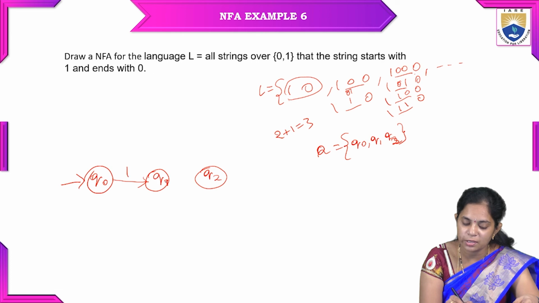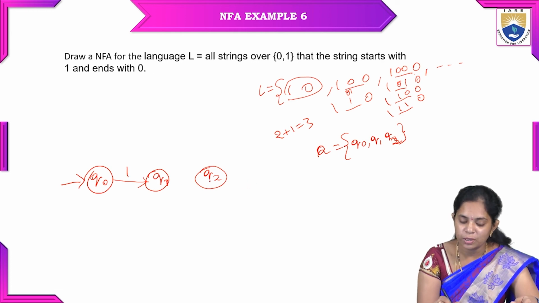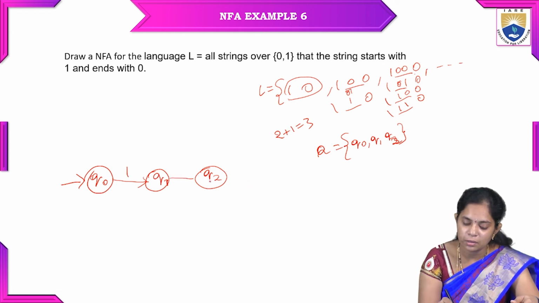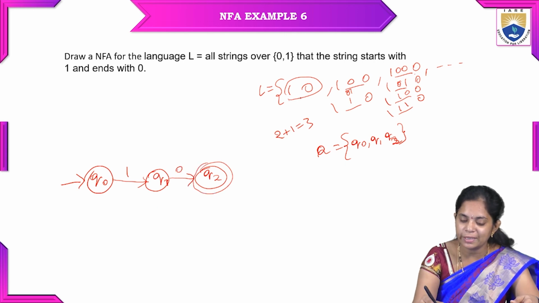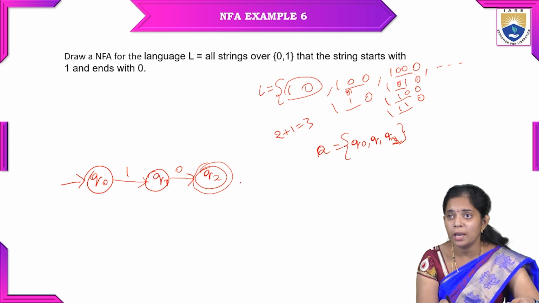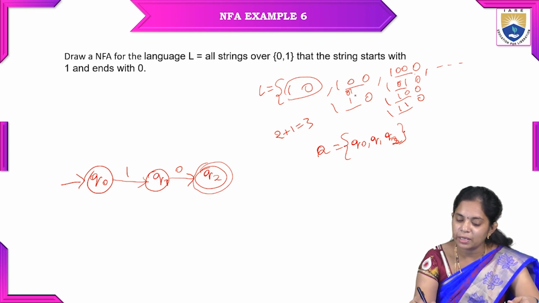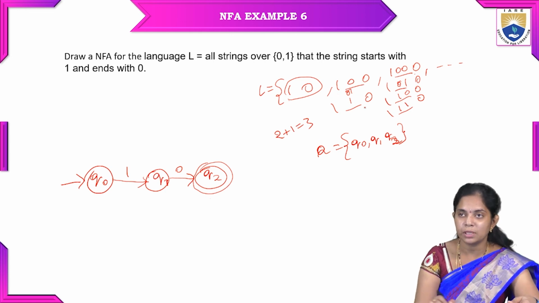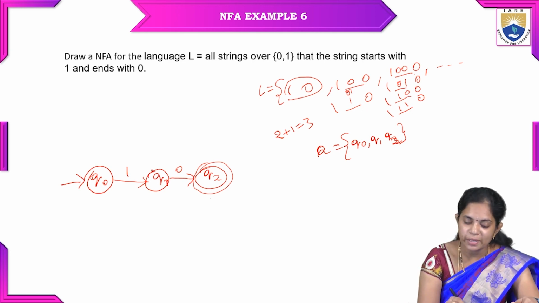The first condition is that the string starts with 1 and ends with 0. The minimum length is satisfied by this construction, and after that, in between, any 0 or 1 that comes will also reach the final state. So it should be satisfied with this loop on 1.